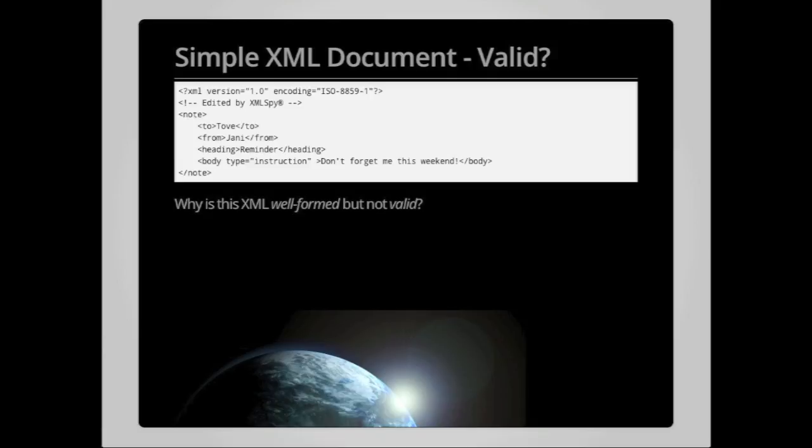So let's get back to this question of well-formedness versus validity. In this case, this is a well-formed XML document, but not a valid XML document, simply because this document conforms to the structural requirements of XML, but it makes no reference to any DTD or schema that could be used to validate it.